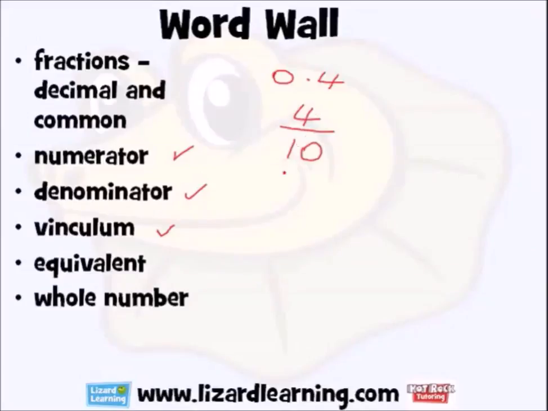Just to repeat that, the denominator is the bottom number, and the bottom number tells us how many pieces we've chopped something up into. The top number, which is the numerator, tells us how many of those pieces we have taken.